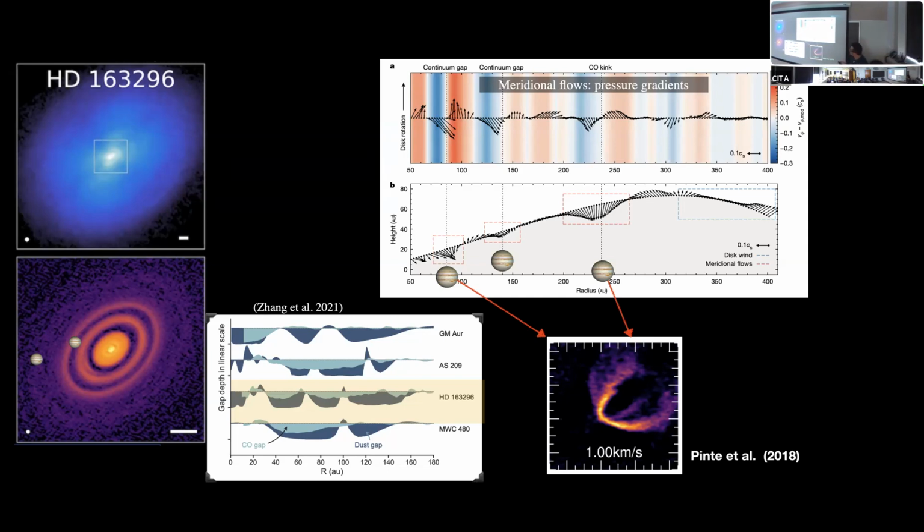People have already given hints that there might be planets due to these velocity kinks. I'm repeating myself from the introduction. And these are either the velocity kinks or these meridional flows. And also these are roughly consistent, and this is a tricky statement though, with gas gaps. So far, these are only dust gaps.